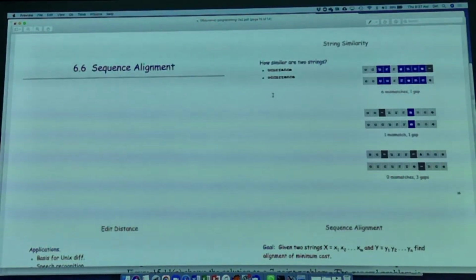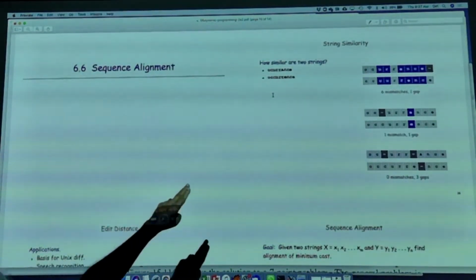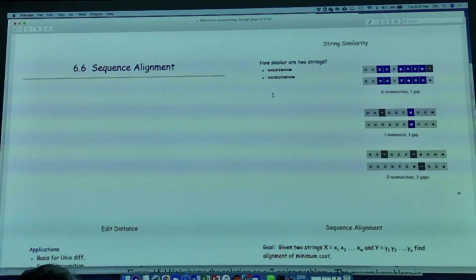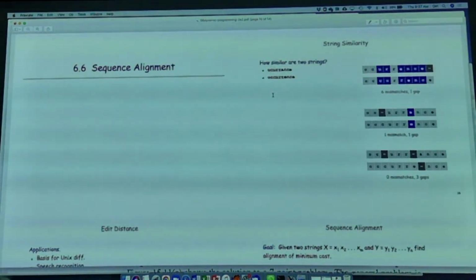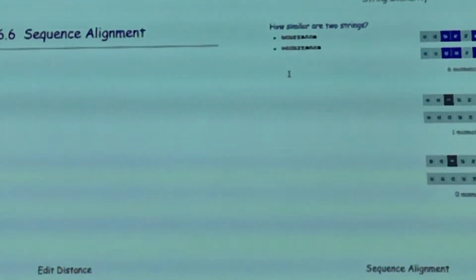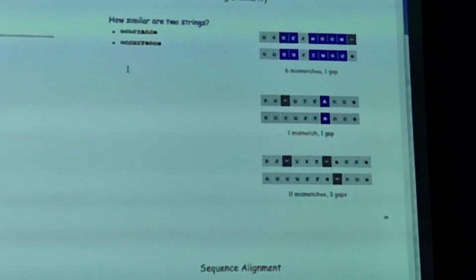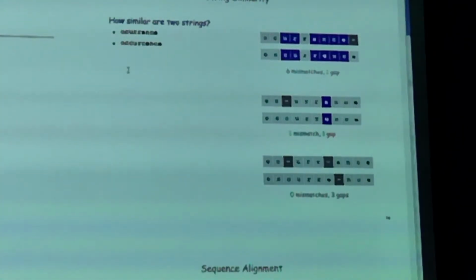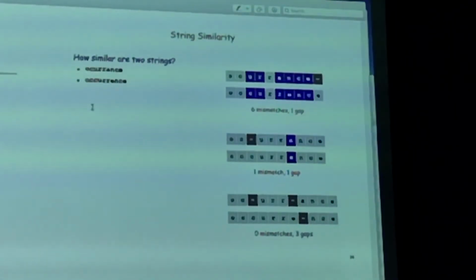So just to get him up to speed, we're looking at something called the edit distance problem. We're given two strings, and our goal is to write them one below the other in such a way that you get the best match. Think of how Word might try to figure out if you mistyped a word.